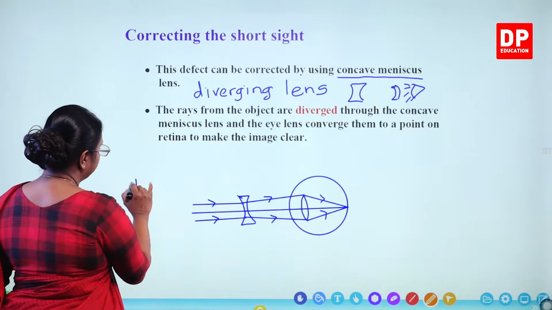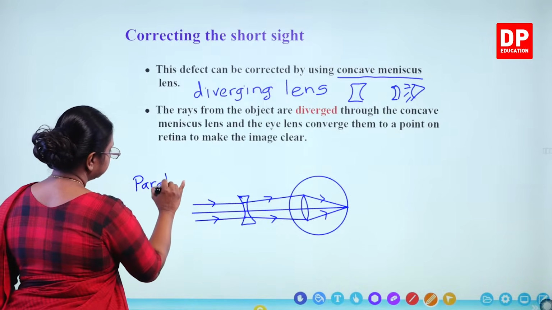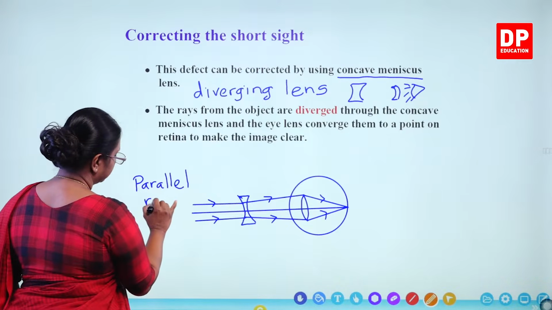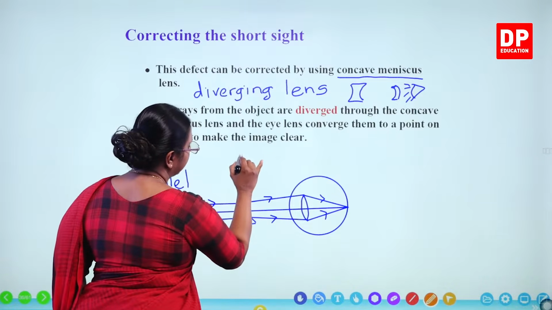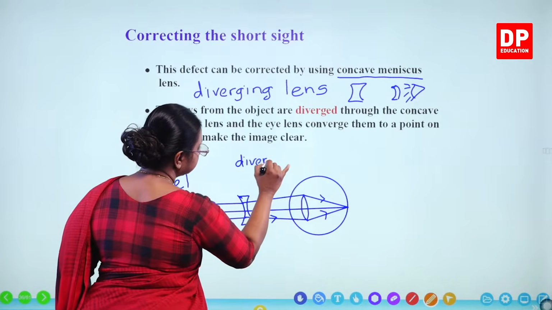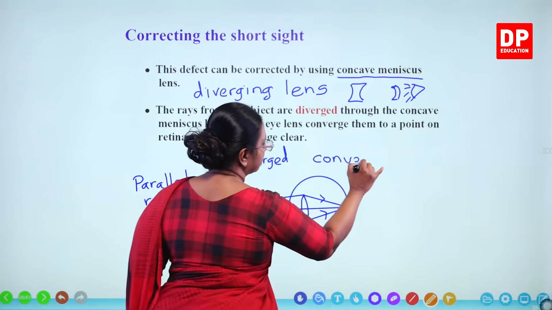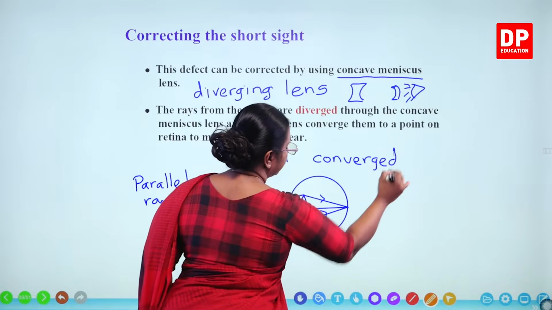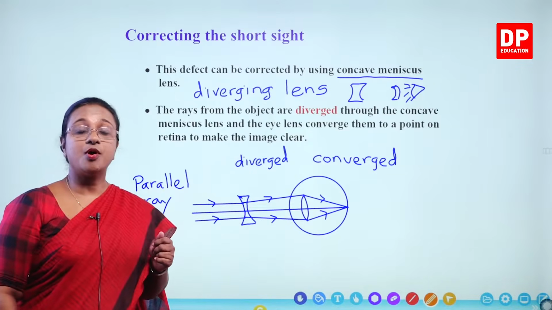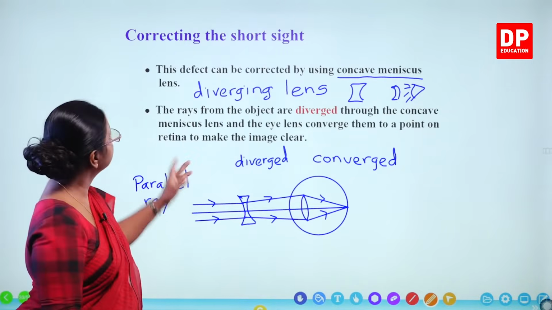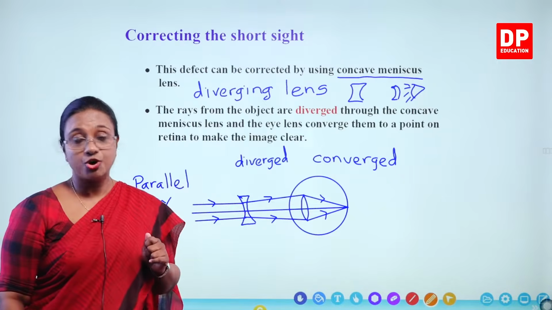So, here parallel rays, then they get diverged, then they get converged, so that the image forms on the retina. That is how we correct the short sight.